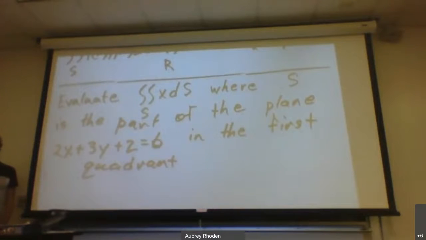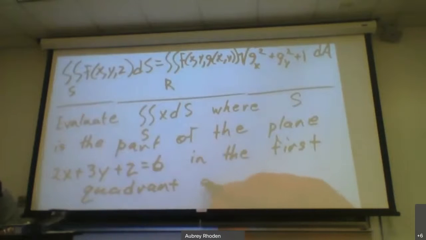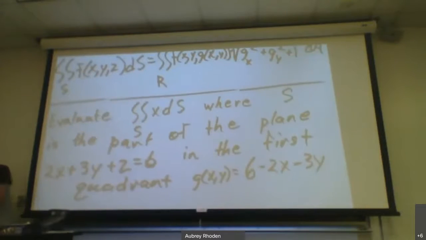The first thing to ask ourselves is, to use this formula, we need a g of x, y. So z is a function of x and y. So my g of x, y will equal 6 minus 2x minus 3y. Okay, so that's just isolating z.